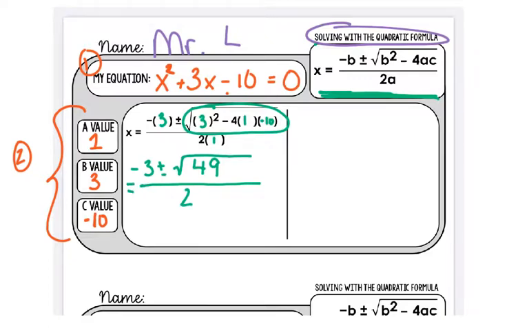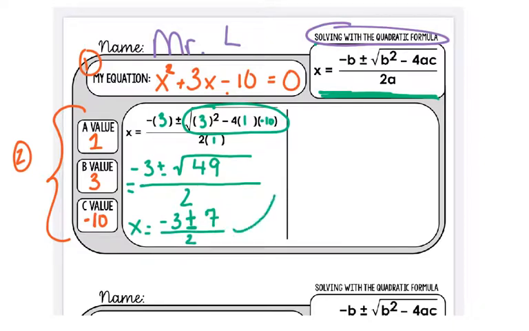And this is all still part of x equals. So then that's going to give me negative 3 plus or minus, and the square root of 49 is going to be what? Anybody know? 7. You should be saying 7. So this will be negative 3 plus or minus 7 all over 2. Okay?